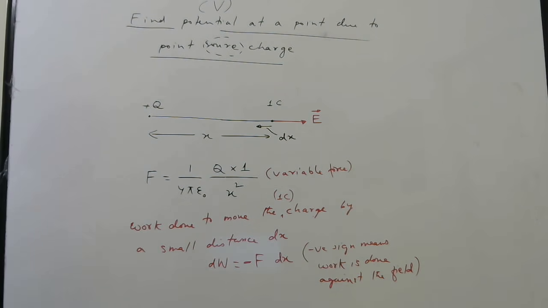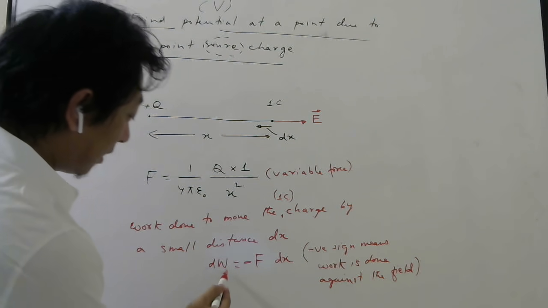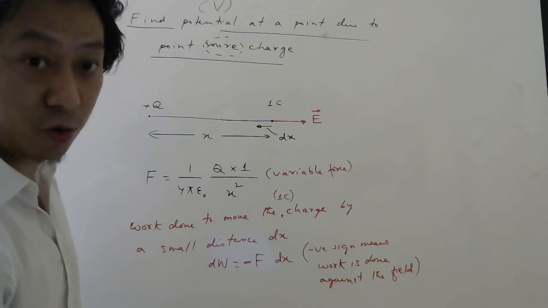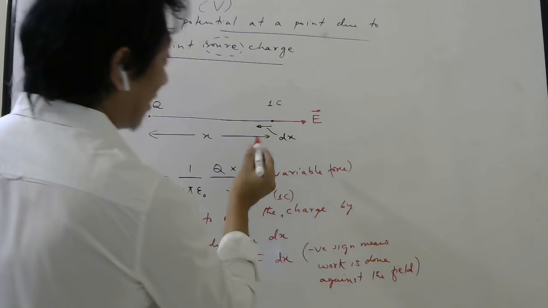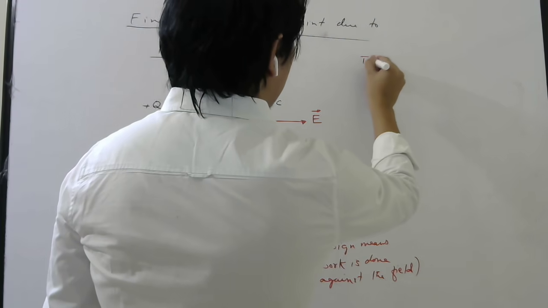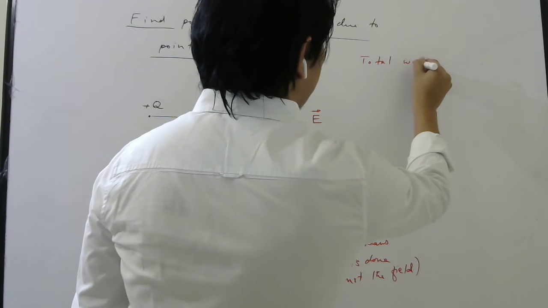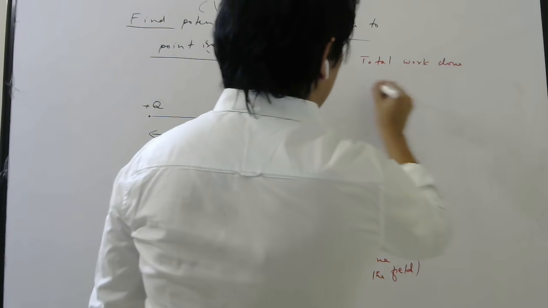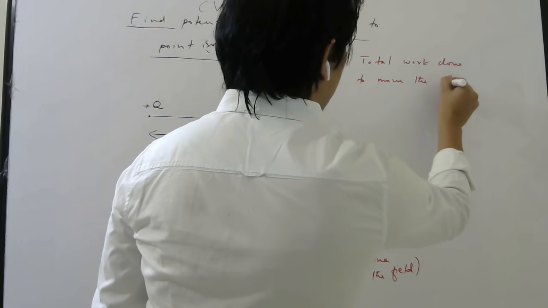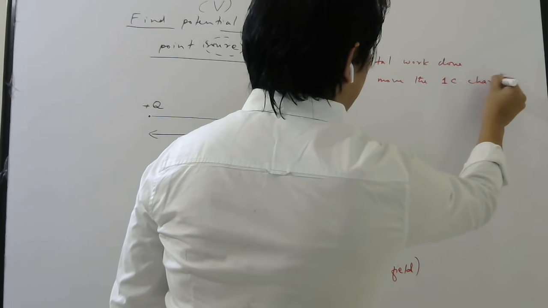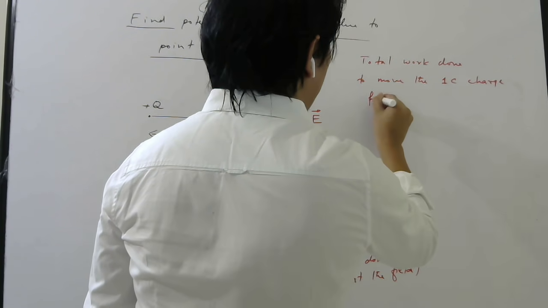Okay, students? Fine. So once you have calculated the small work that you have done to move this 1 coulomb charge by a small distance dx, now tell me the total work done to move the 1 coulomb charge. From where do we have to start?